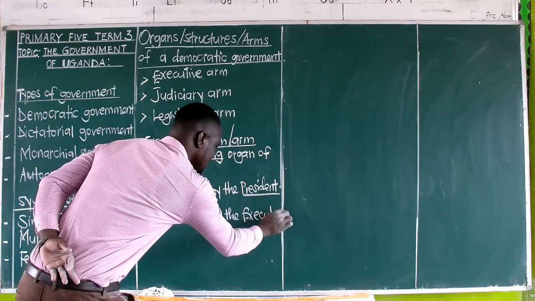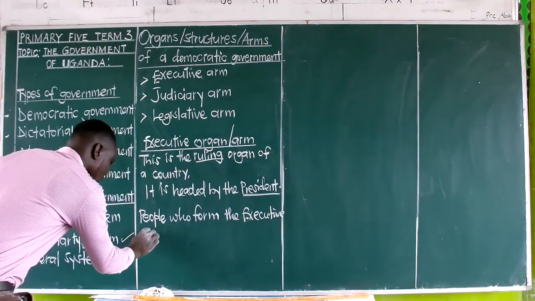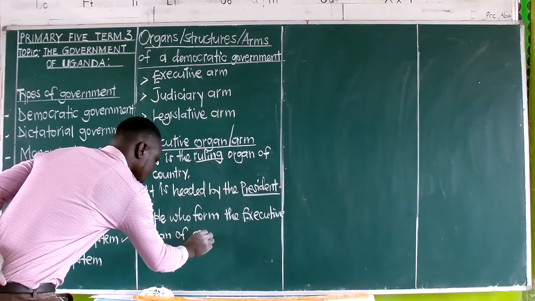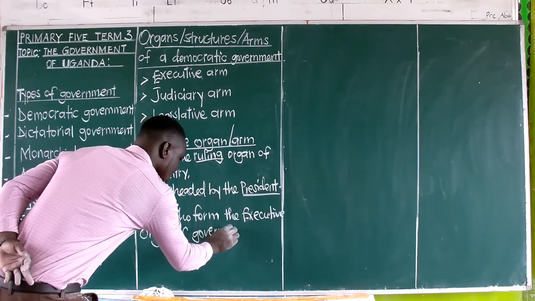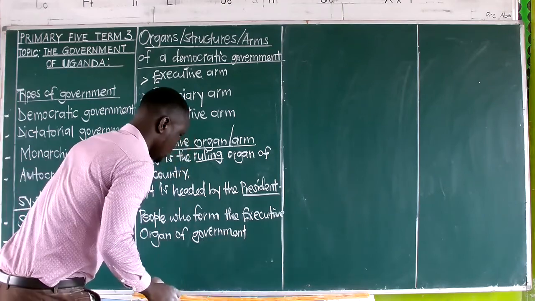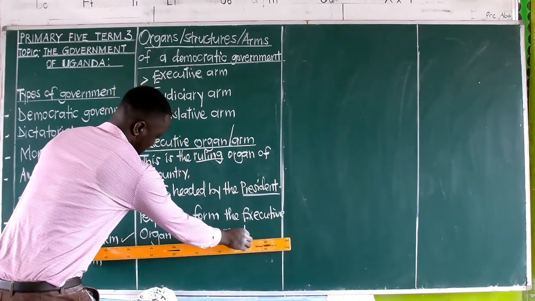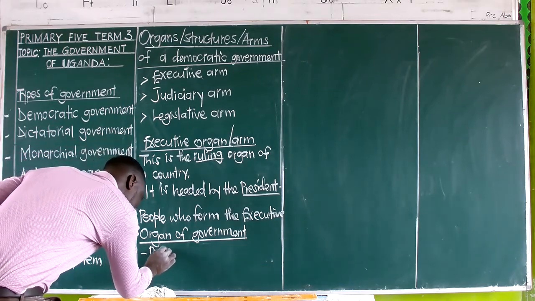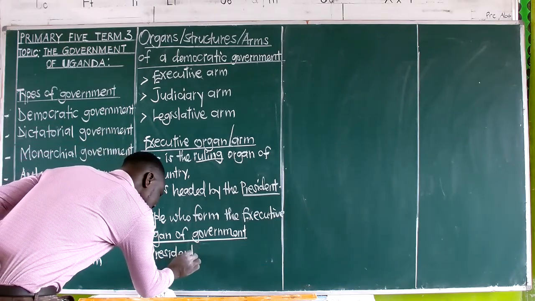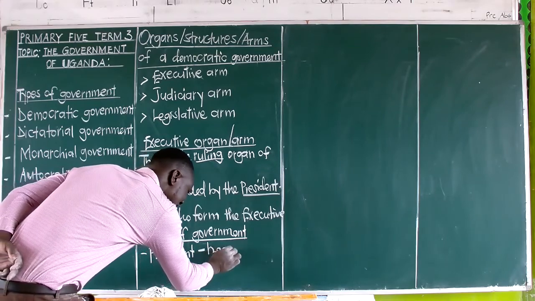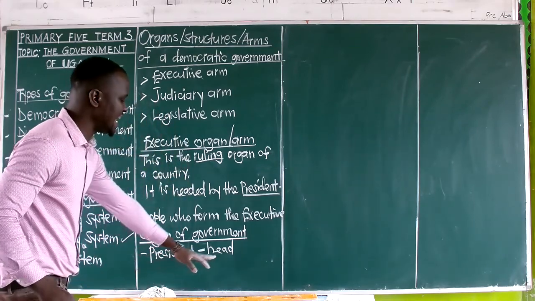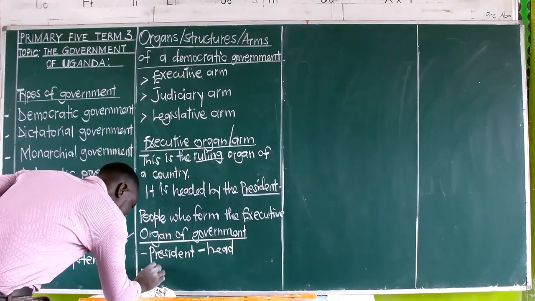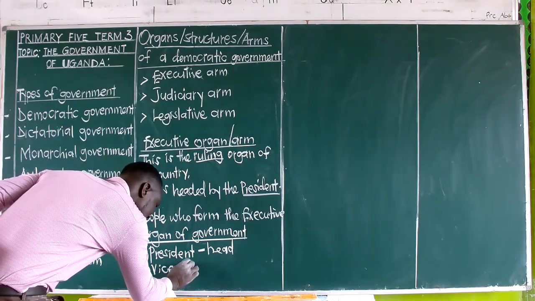The executive organ of government. We have the president, and we say the president is the head of this organ. Then we have the vice president.